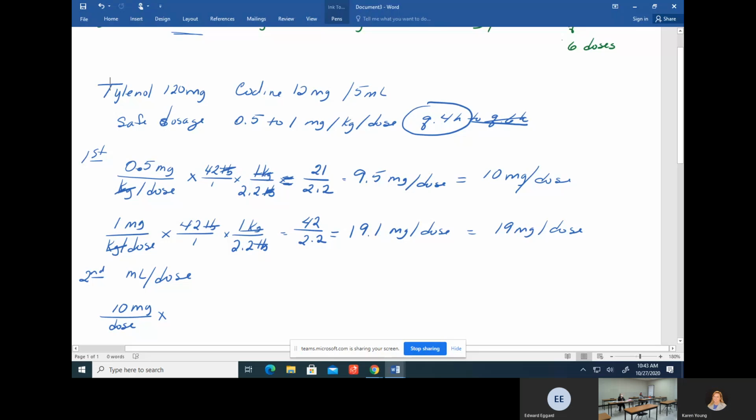We're using the milligrams. You're right.